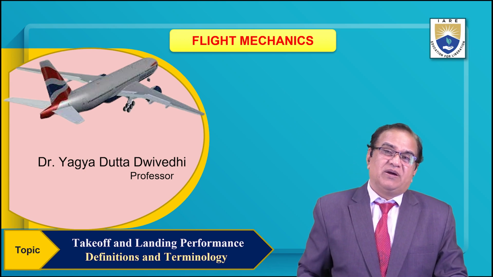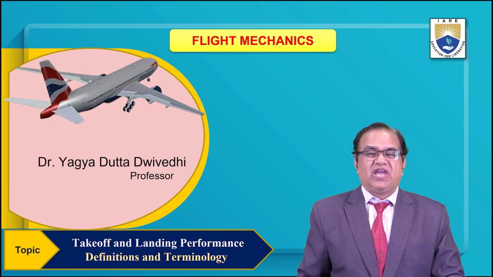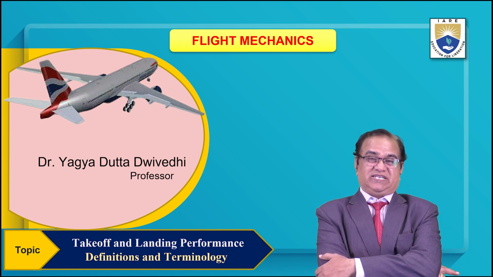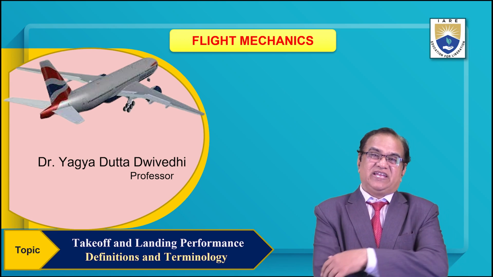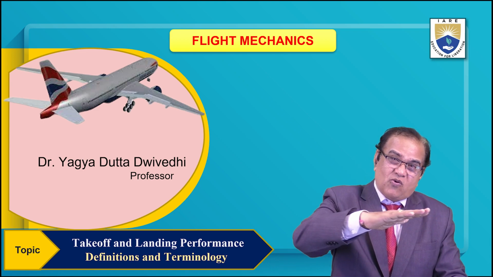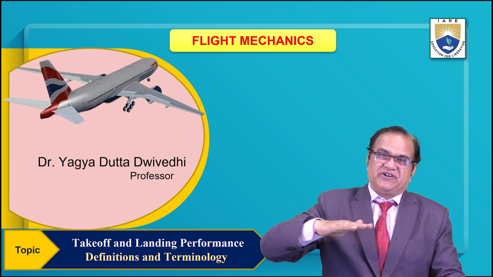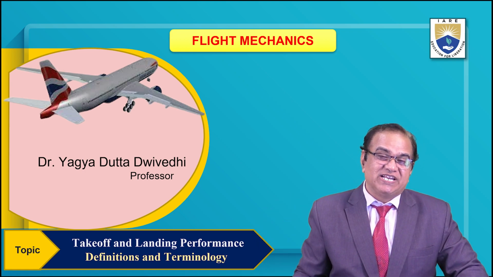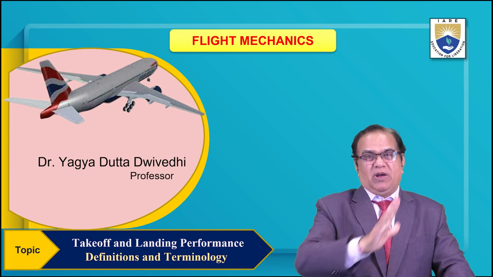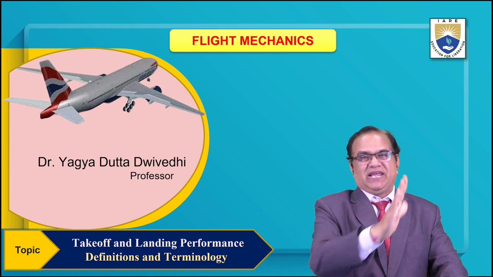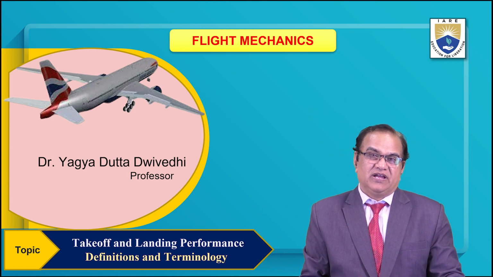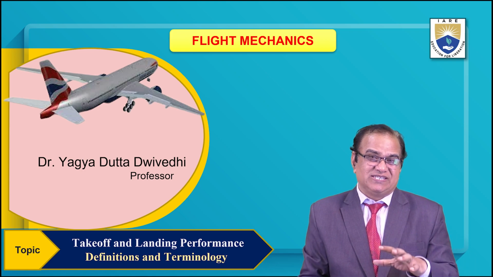If you talk about Module 4, we have maneuvering flight, that is the accelerated flight. In that, first we have the coordinated turn. The aircraft has to go in the same plane while turning. That is called the coordinated turn. And then we have the pull-up maneuver. In that, the aircraft is moving in the vertical plane. We have done all these equations.